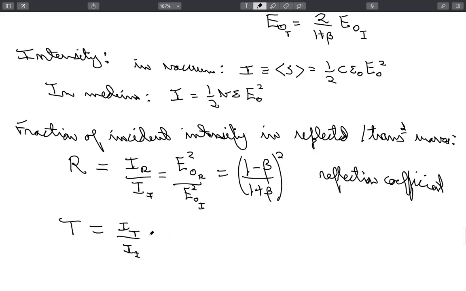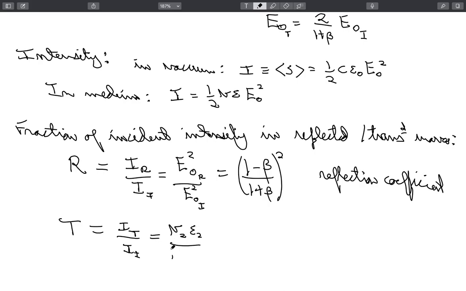Again, we can use the formulas that we have here. In this case, we need to keep the ratio with the relative velocities and the epsilons. In the transmitted, we're in medium 2, so that's V2 epsilon 2.